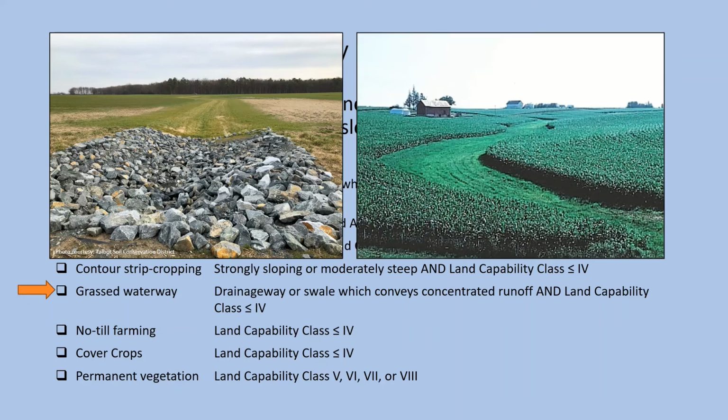It also helps to filter and start cleaning the water before it makes its way to a downstream waterway. So we use the grassed waterway practice on drainage ways or swales that convey concentrated runoff, and remember, that's one of the landscape positions that you looked at in Part A. So drainage ways or swales that also have a land capability class of less than or equal to 4.